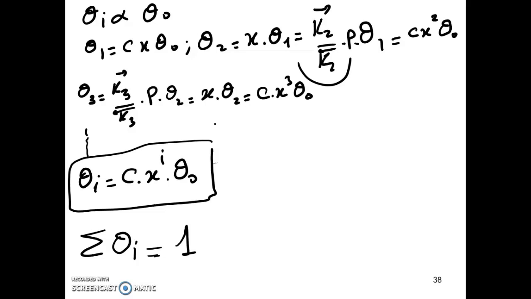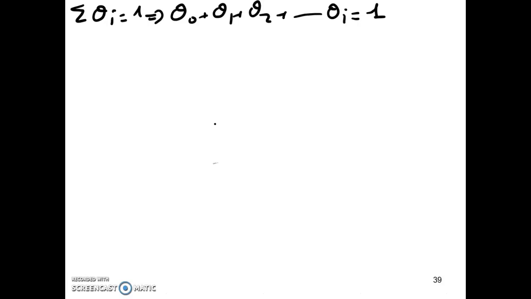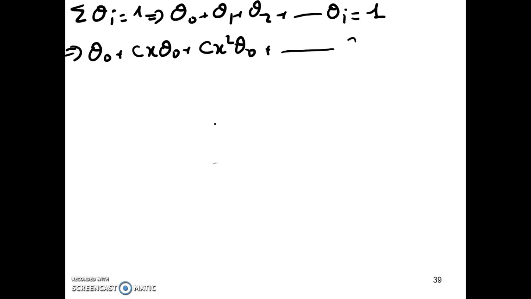If we replace all thetas by their values, theta 0 plus theta 1 plus theta 2 plus theta I equal 1. So theta 0 plus Cx theta 0 plus Cx squared theta 0 plus Cx^I theta 0 will be equal to 1.